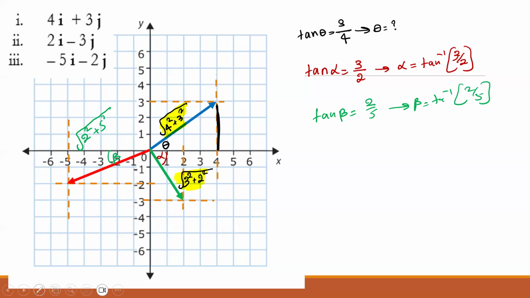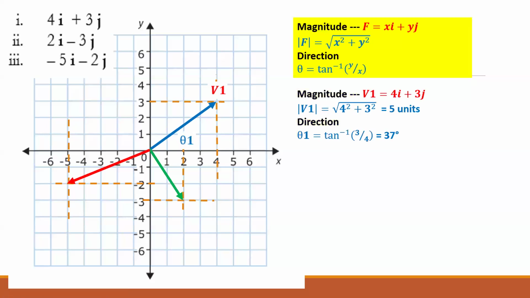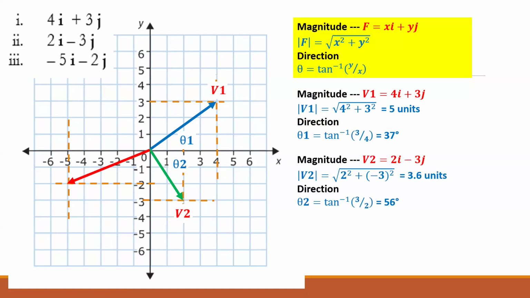I have the solutions, let me see. For the first one, it is 5 units and 37 degrees. For the second one, I got 3.6 units, root 13, and 56 degrees.